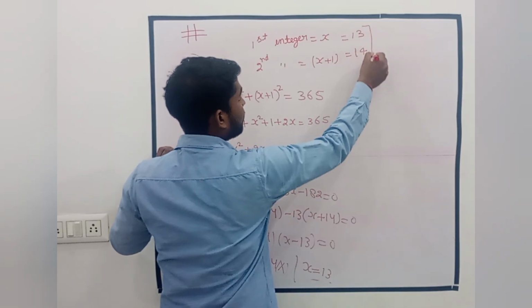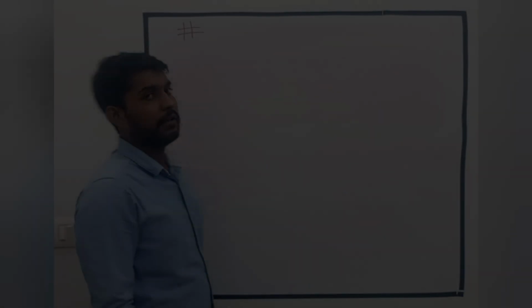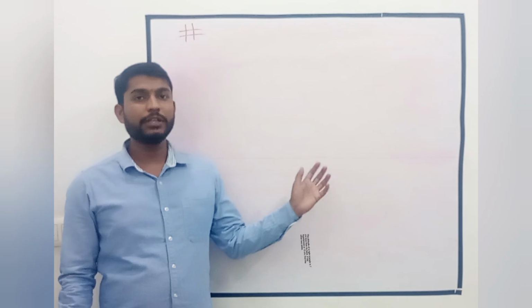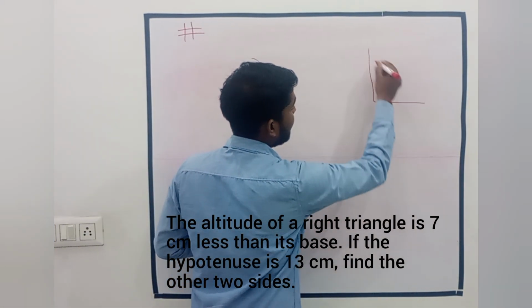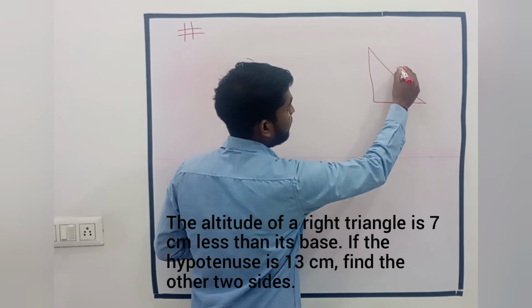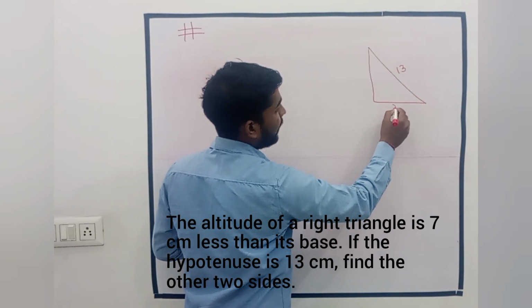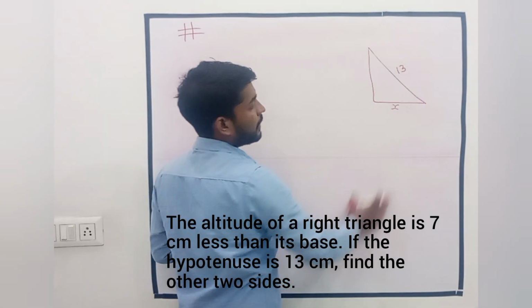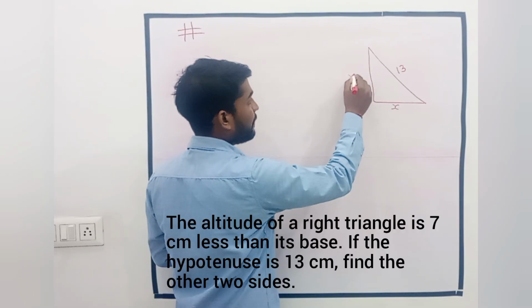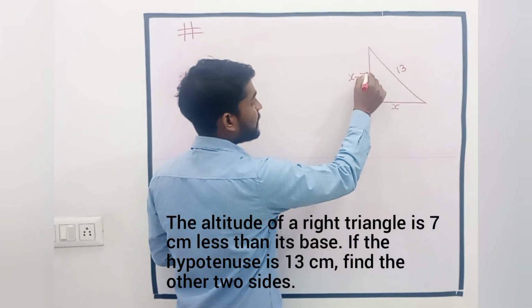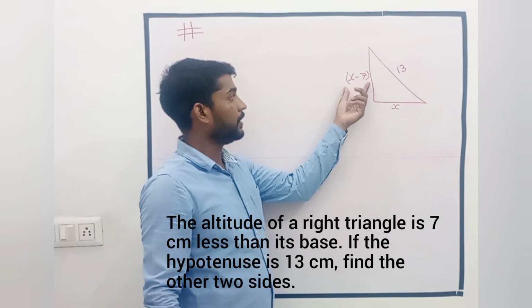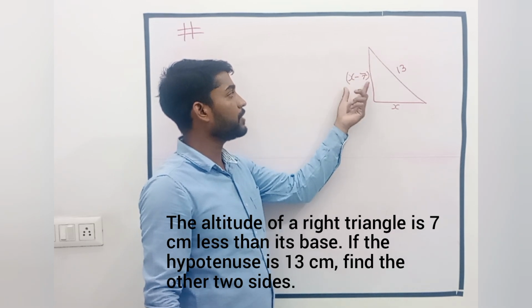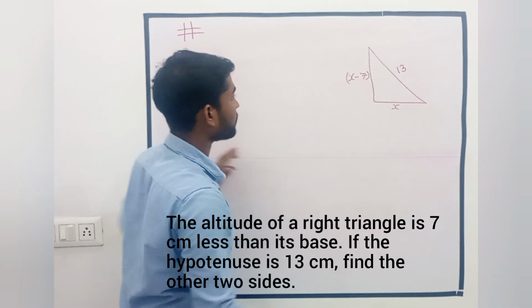We have the solution of these two, and the next question is related to a right angle triangle. This is a right angle triangle, and the hypotenuse is given as 13, and we can assume the base is x, and the altitude is x minus 7, because it's given that the altitude is 7 less than its base.